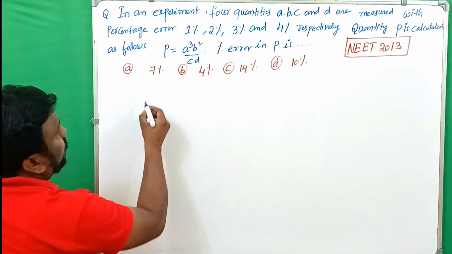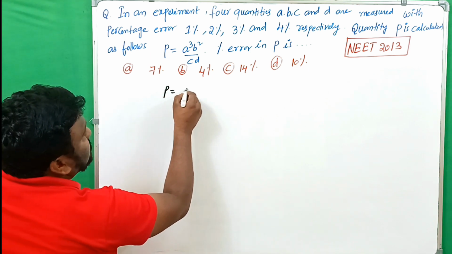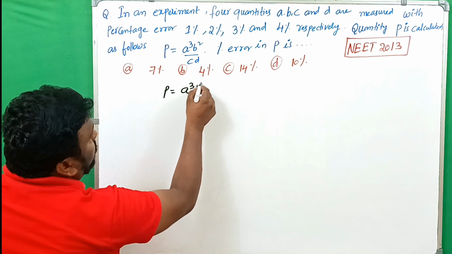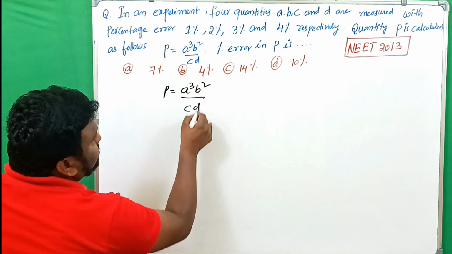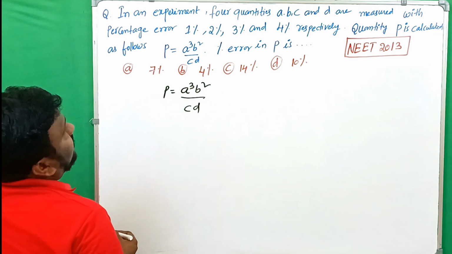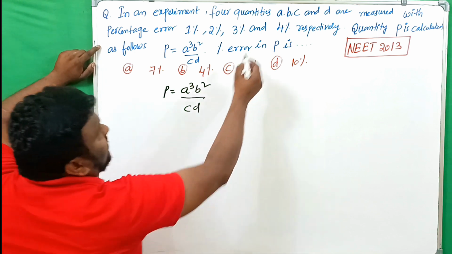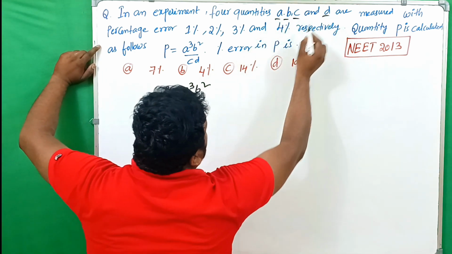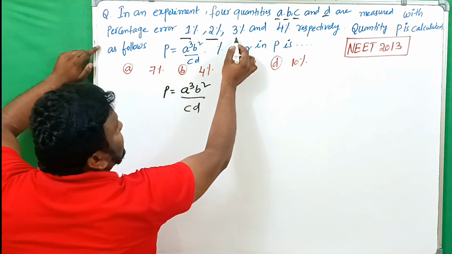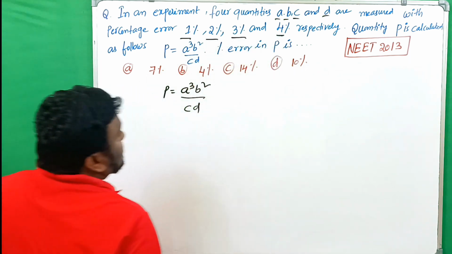As per the problem, P equals A cube into B square by C D, and the percentage errors in A, B, C and D are 1%, 2%, 3% and 4%.